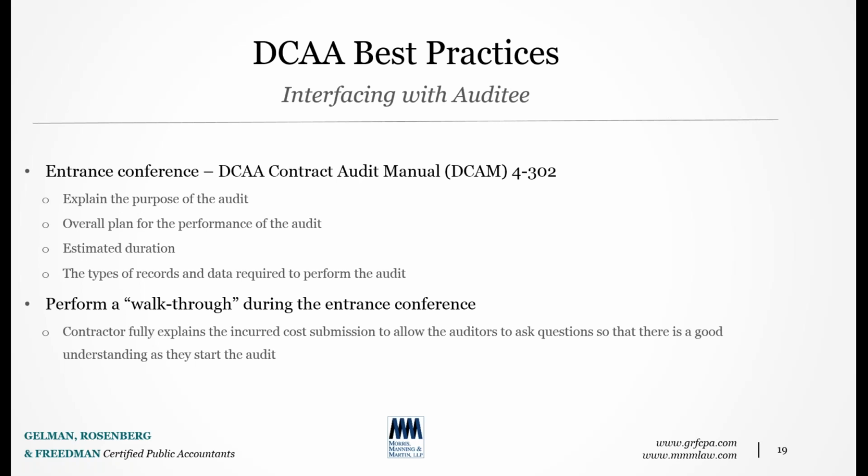Sometimes it just can happen, but it has to happen in the beginning, because they have to understand where your records are, who's in charge of what, who's going to be your liaison, and those types of things. But also they're going to say, this is our plan, this is what we want to do, and so that's why we're focusing our questions, like, have you segregated unallowable costs and things like that? How do you do that? Do you use the 9000 series general ledger accounts? Do you use a charge code or a cost center? Those types of things.